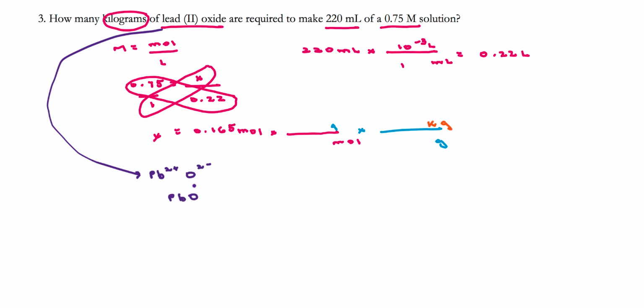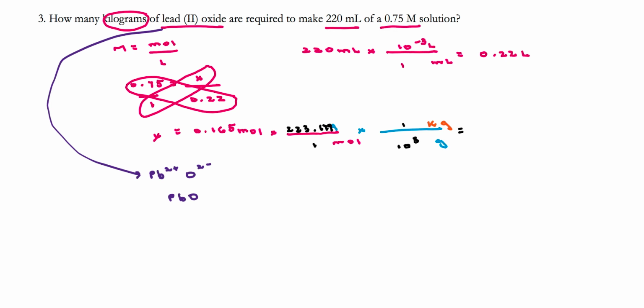Okay, so Pb, lead, has a molar mass of 207.2. I'm going to add to that the molar mass of oxygen, 15.999, and the molar mass I get is 223.199. And that's for every 1 mole. Then I know that 1 kilogram is 10 to the third grams.